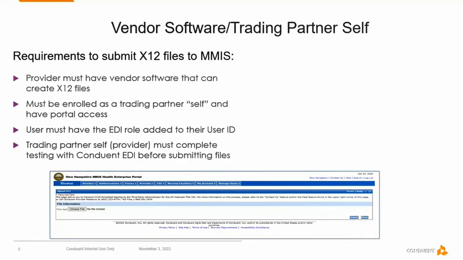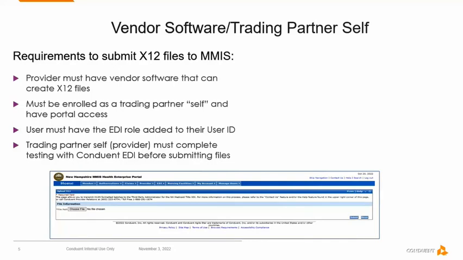You can upload your X12 files under that, but then you'll also have a separate login as a trading partner, which you can do that under as well. But one of the benefits of being a trading partner self is you can just utilize the provider login to do that as well.